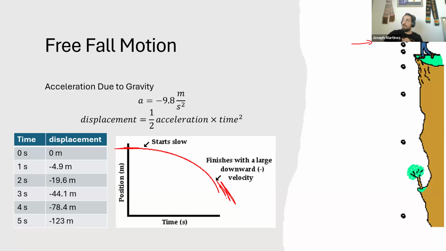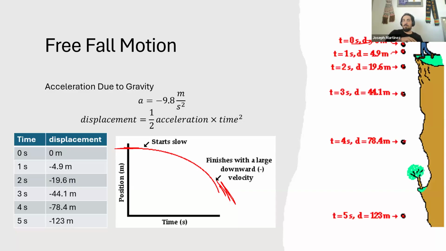And we look back to our ticker tape example where we map out each of the little dots. We take a look at this ticker tape and ask the question, well, where is the ball in each of those moments? And in each of those moments, we can map out where it is located by plugging in these values. We see in the first second it traveled only 4.9 meters.